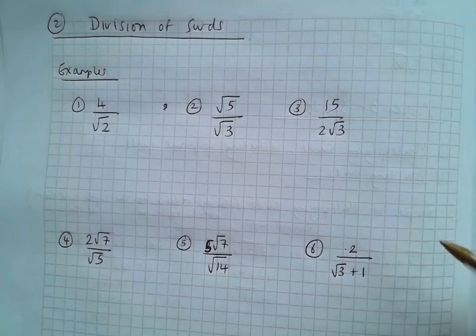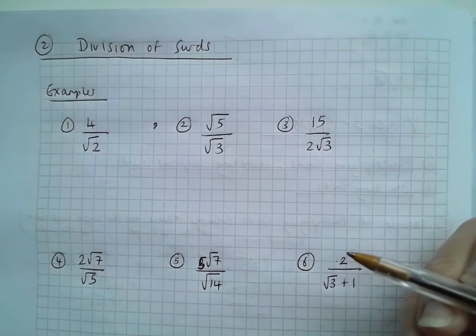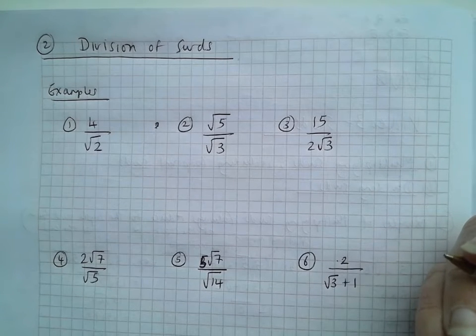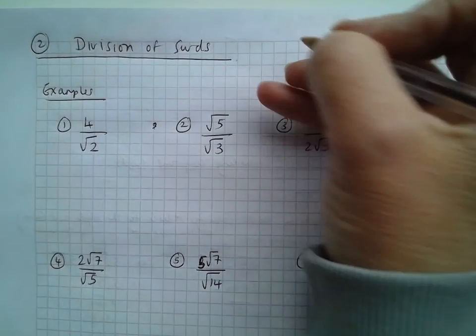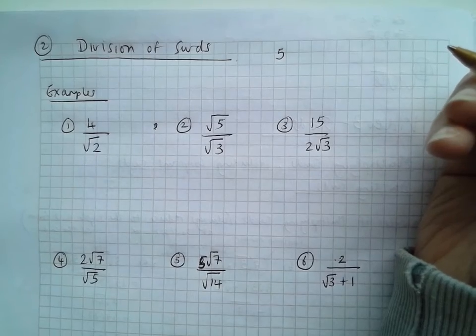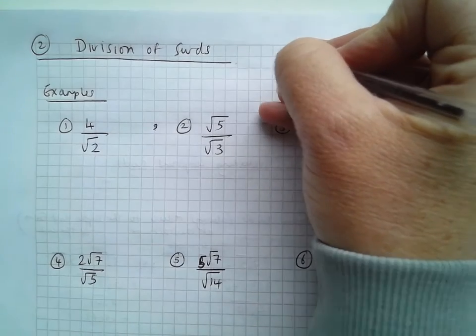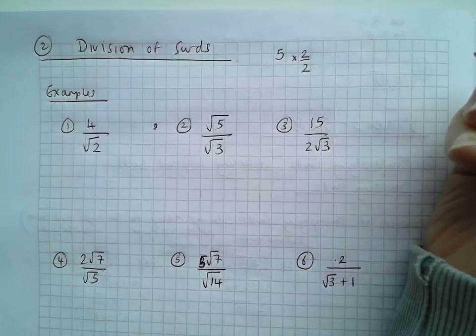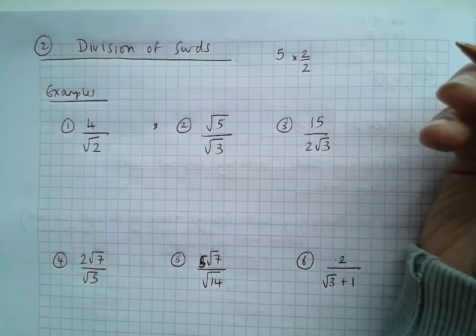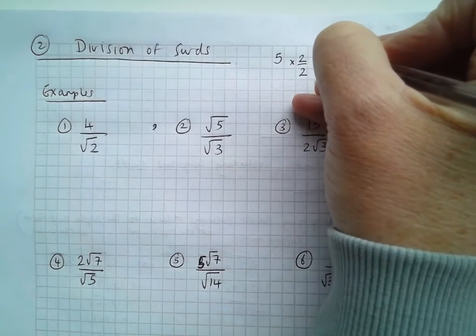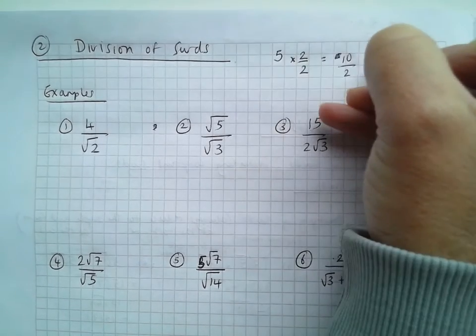Okay, these next questions are about dividing surds or division of surds, and just before we do them I want to remind you of something. If I had 5 and I was to multiply it by 2 over 2, what would I get? I'd get 5 times 2, which is 10, over 2, which is 5.